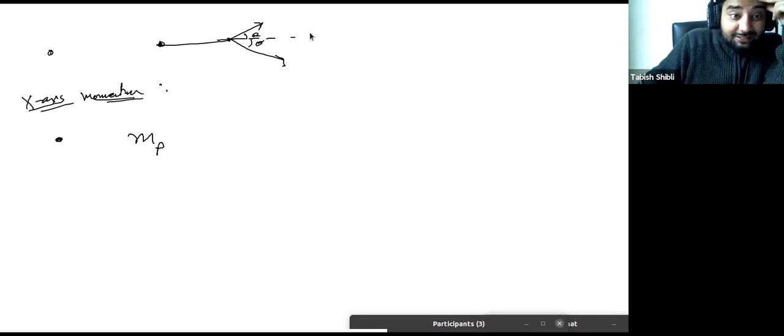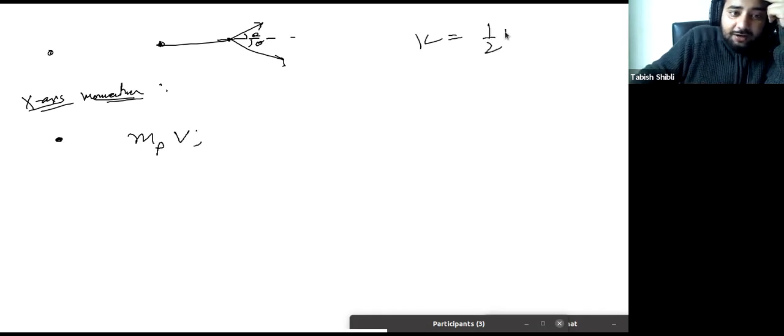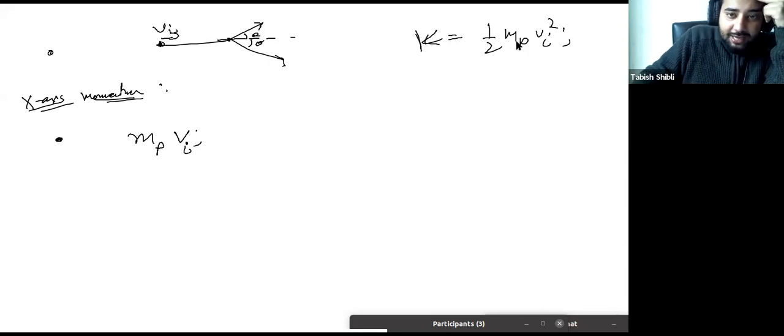No, that's the rest energy. What about the momentum? Multiplied by the initial velocity. Well, kinetic energy you can say is half mpv square. V initial square. Let's call it Vi. Let's say it's moving at some Vi, and the kinetic energy associated with this is half mpvi square. So this is the initial momentum.